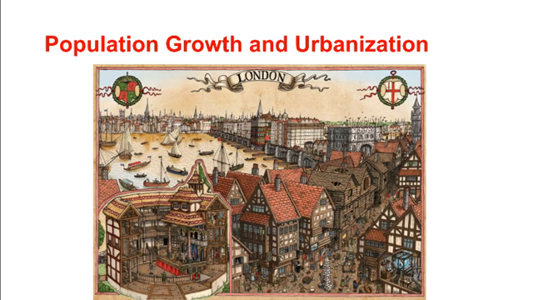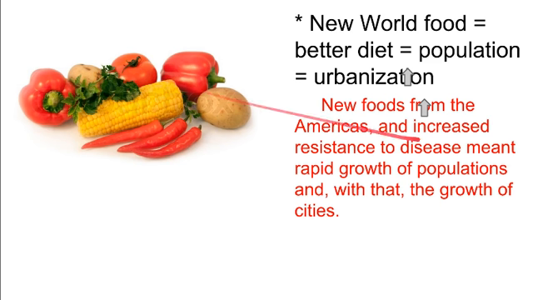Now, before we get into capitalism, of course, we should know that population growth and urbanization go hand in hand. When you have food surplus, you're going to have population growth, and we're going to see more and more people moving to cities. And the food crop increase is going to come from the New World, from the Americas, because there are going to be new crops like potato and corn and tomatoes and peppers, and all these new crops are going to go from the Americas to Europe, to Africa, to Asia.